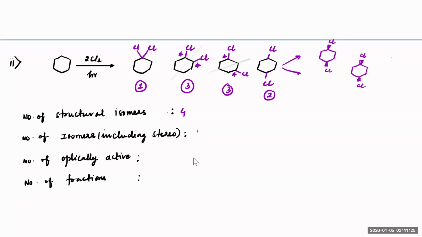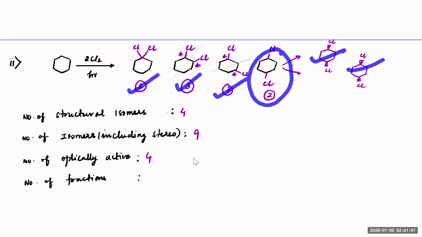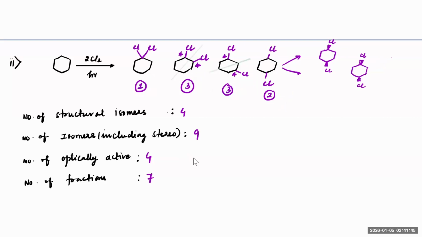So total we have 9 of them. Optically active, how many do we have? 2 here and 2 here, so total 4. How many fractions can we have? Here we can make 2, 2, 1, 5. Here we can separate both of them because they are cis and trans. So 7. Total 7 fractions we can have.